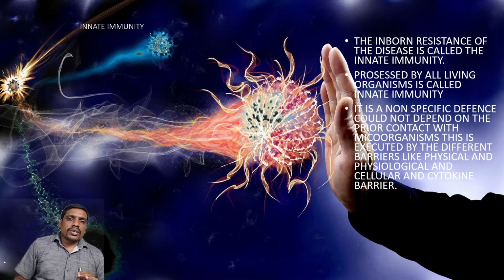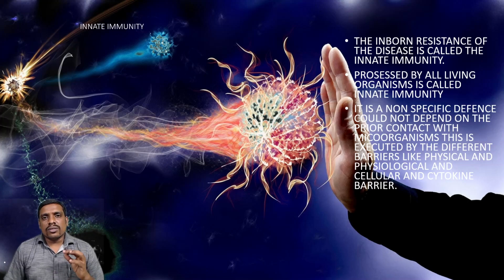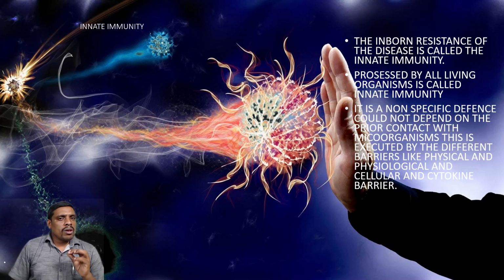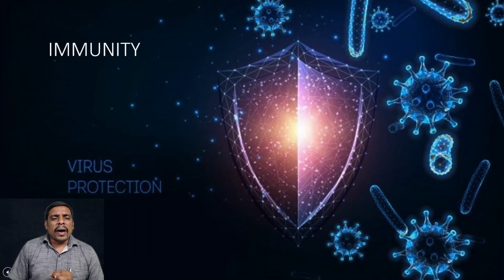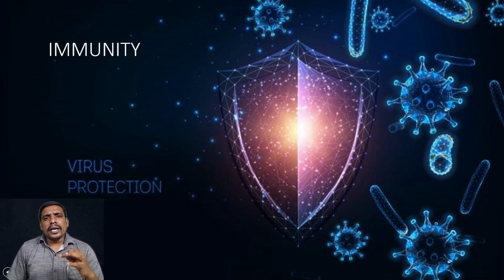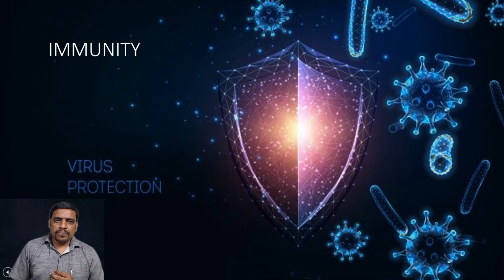What are the four different types of barriers which influence this type of immunity? First one, physical barrier. Second one, physiological barrier. Third one, cytokine barrier. Fourth one, the cellular barriers. Like this, there are four different types of barriers seen in innate immunity.